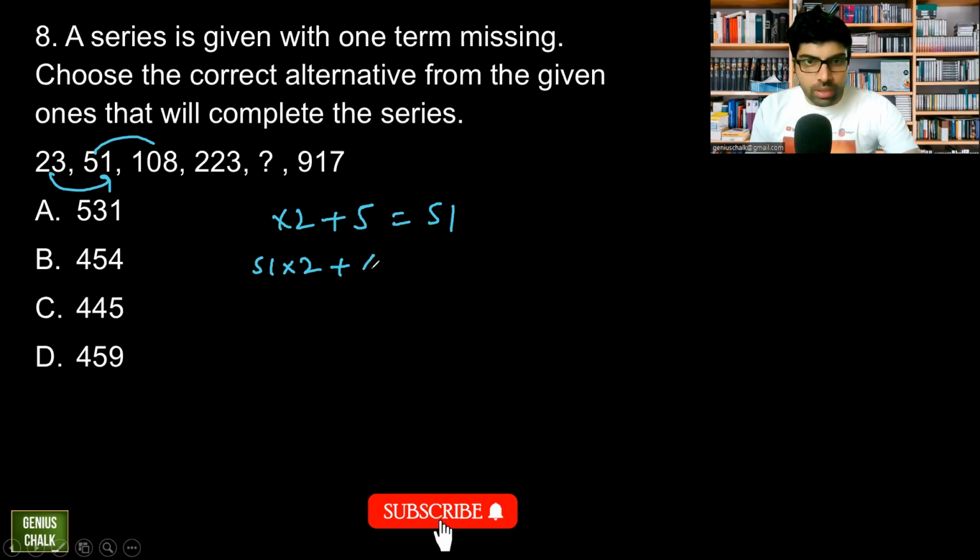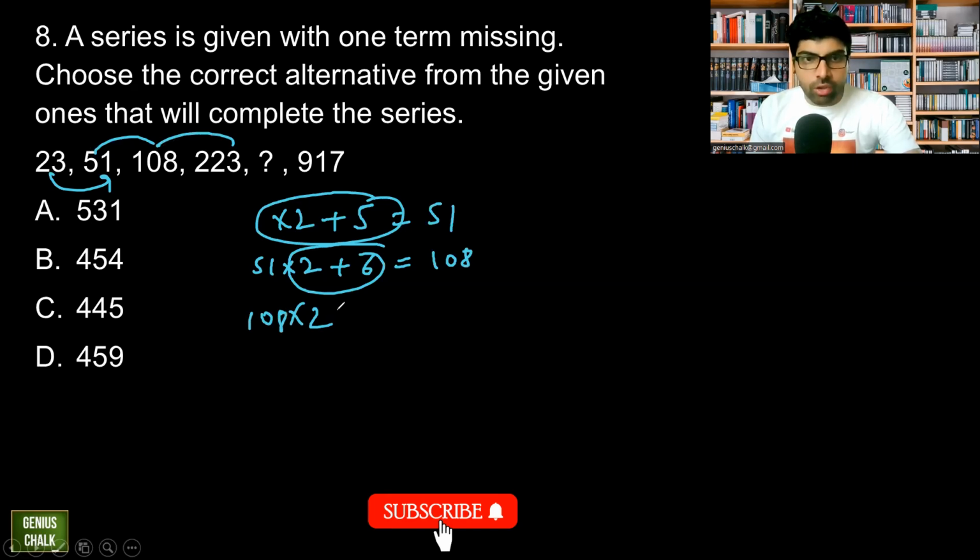102 plus 6. So this is 108. So this is into 2 plus 5, and this is into 2 plus 6. So this is the series we are having. You see, this is also almost double. So 108 into 2 plus 7, that becomes 223. Then 223 multiply by 2, and it should be plus 8, because you can see the pattern is plus 5, plus 6, plus 7, plus 8.